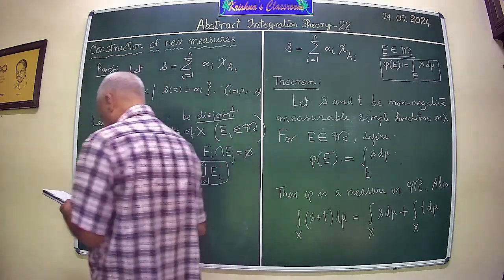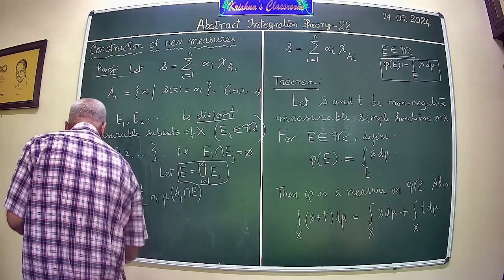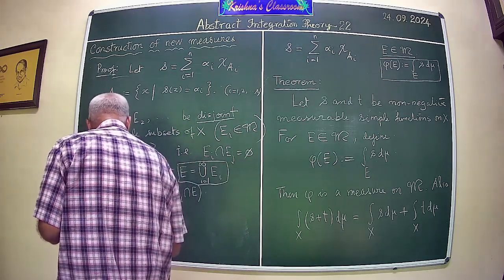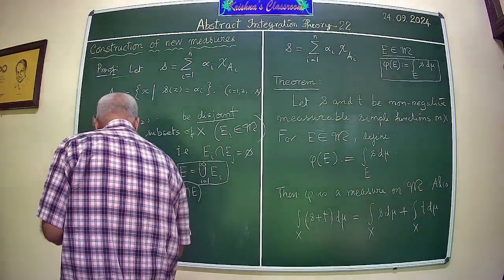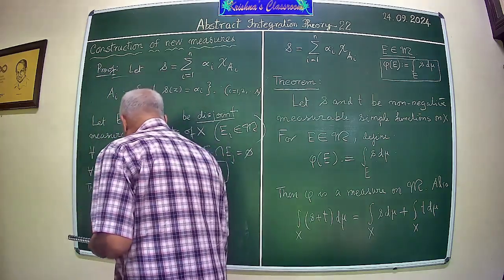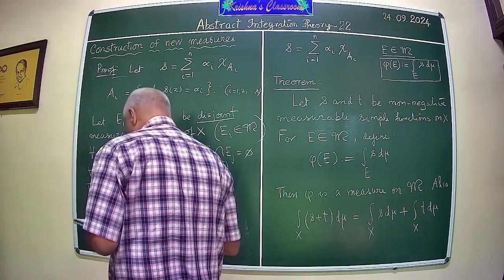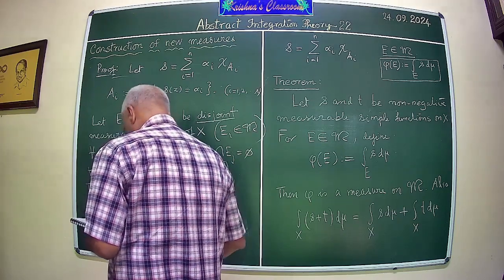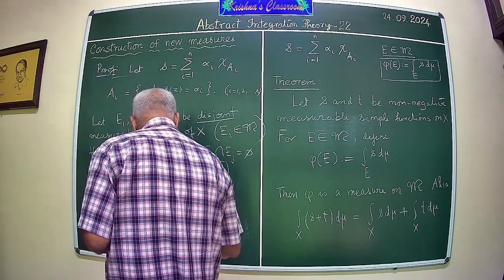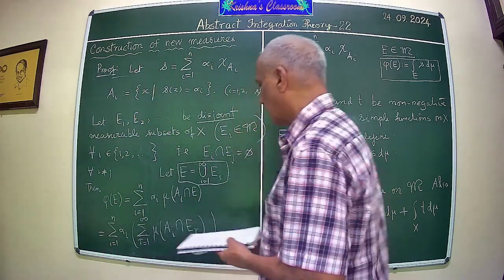What we have is this: sigma i equal to 1 to n alpha_i, sigma r equal to 1 to infinity, mu of A_i intersection E_r.